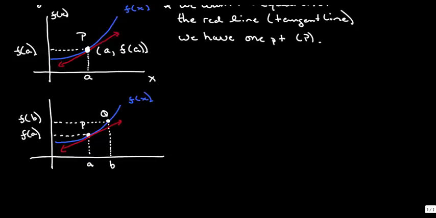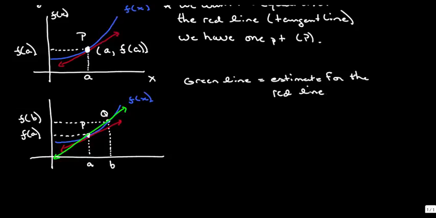So now what we're going to do is use the line containing P and Q as an estimate for the red line. So the green line is an estimate for the red line. The green line is called a secant line.